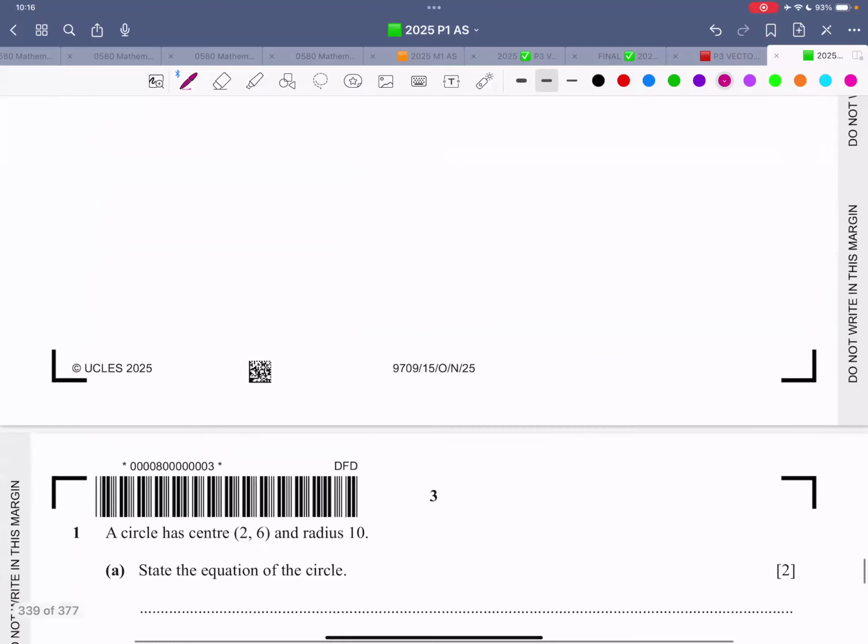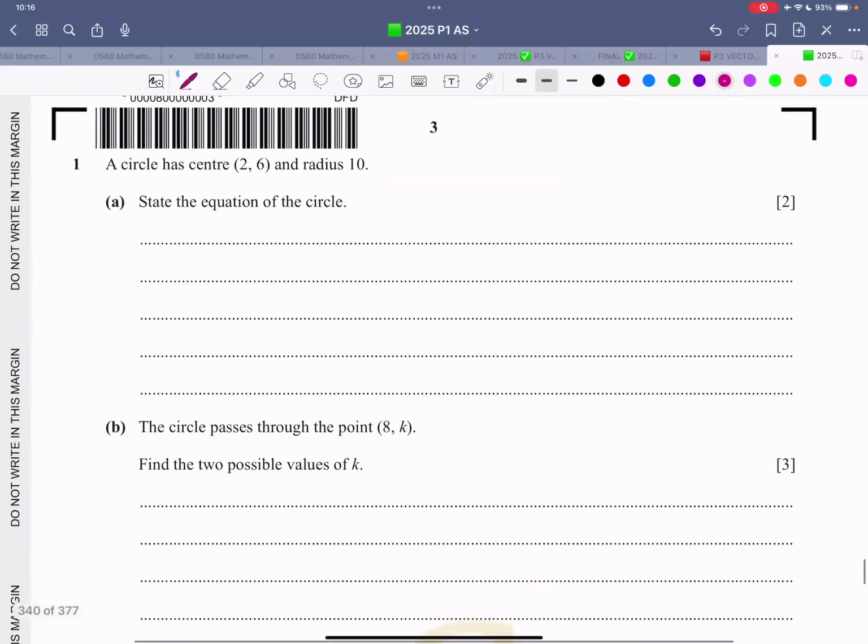So now let's look at the first question. It says a circle has center (2, 6), and the radius is 10. State the equation of the circle. So it's a usual traditional question, nothing special.